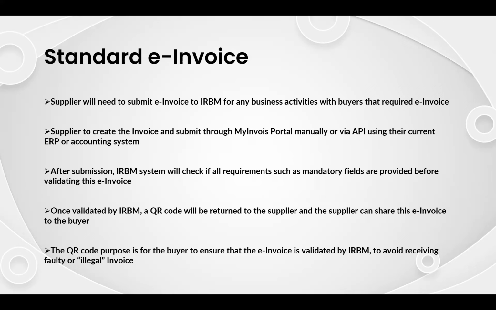Okay, there are some mandatory fields that you need to provide for validating this e-invoice. As I mentioned, there are 55 fields, but 30 plus are compulsory. Once validated, a QR code and a unique identifier number will be in the e-invoice to show it has already been validated. This is to avoid receiving faulty or illegal invoices.